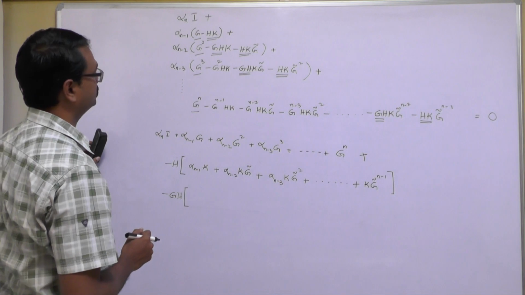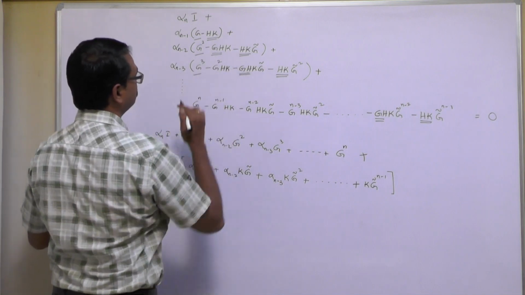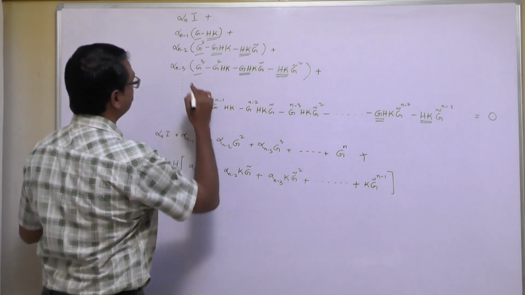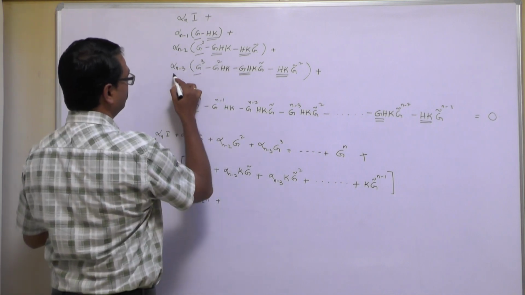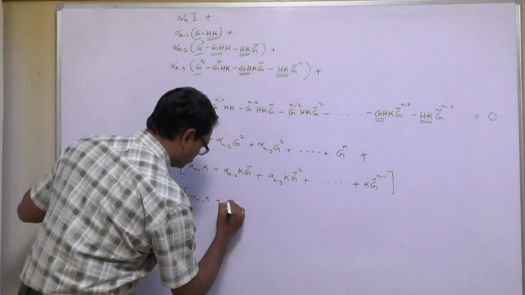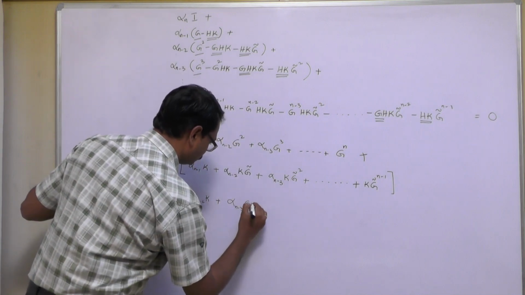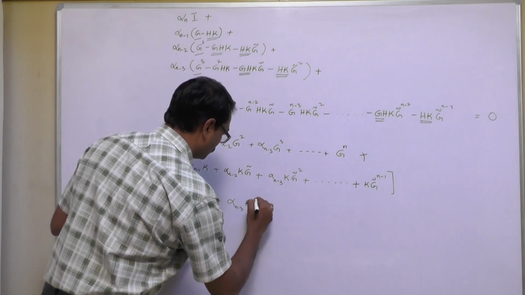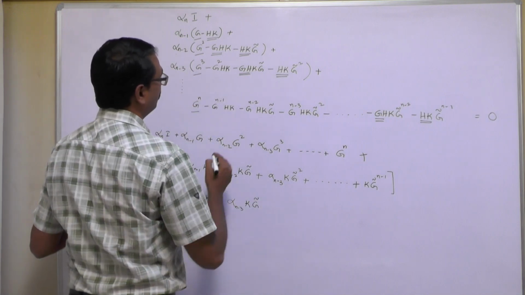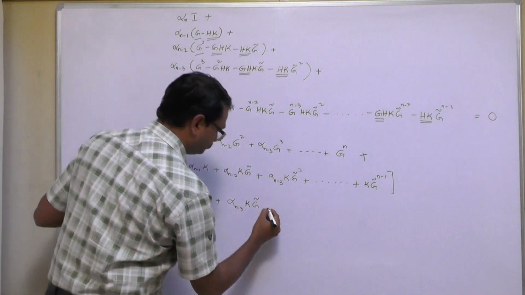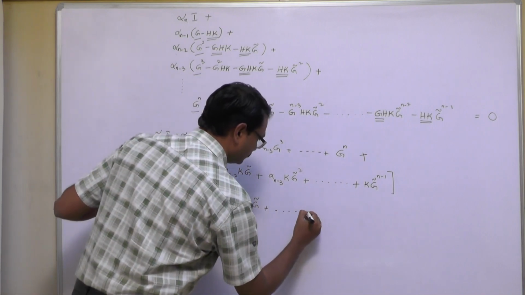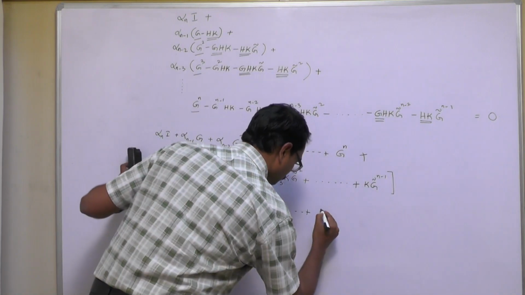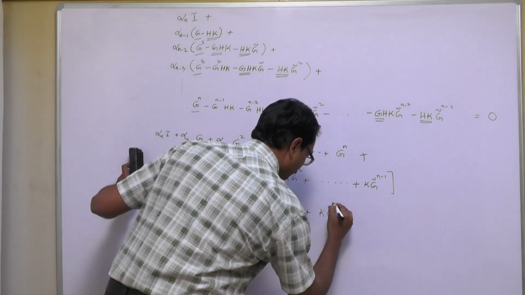GH is alpha n minus 2 K plus alpha n minus 3 K G bar, right, then so on, plus so on, K G bar n minus 2.